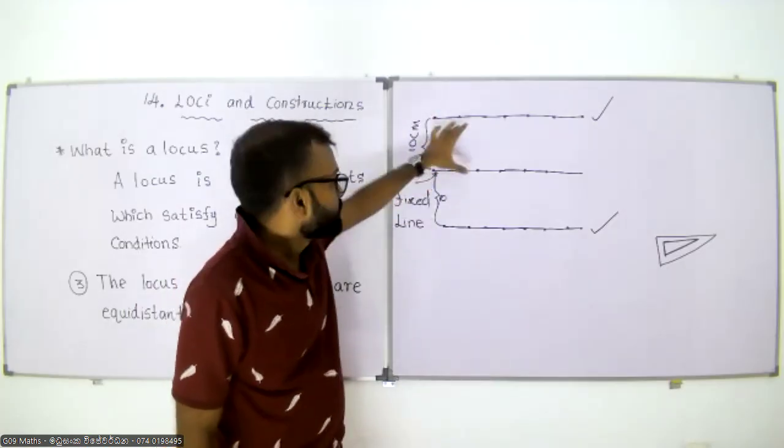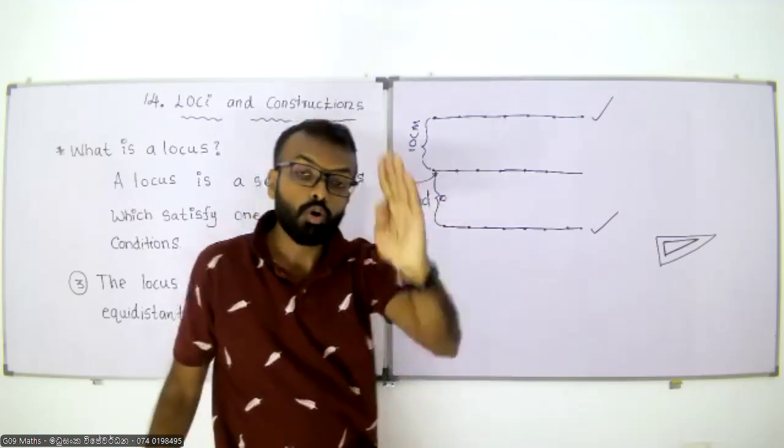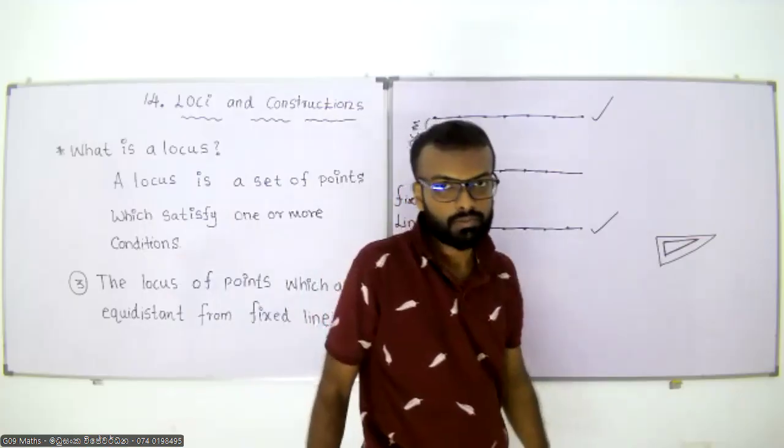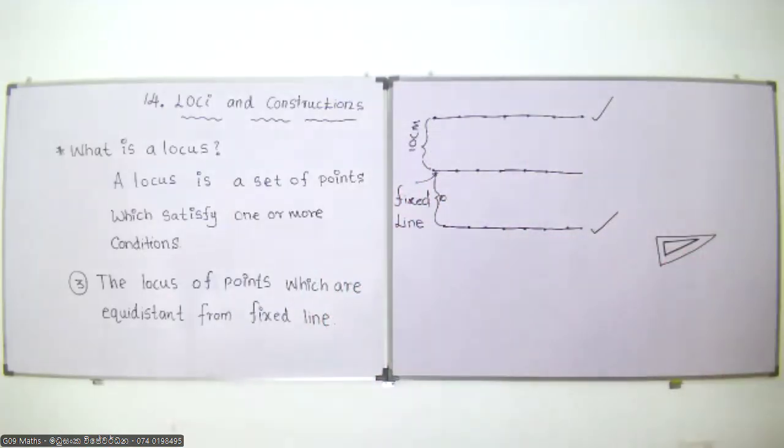So these are the two lines that you can construct. Now I am going to explain how to construct. I can't do it on the board, but I will share my screen and show you how to draw that.